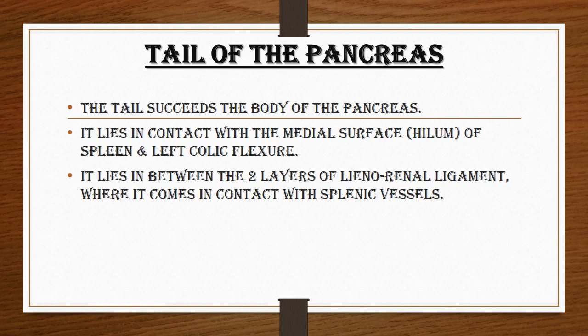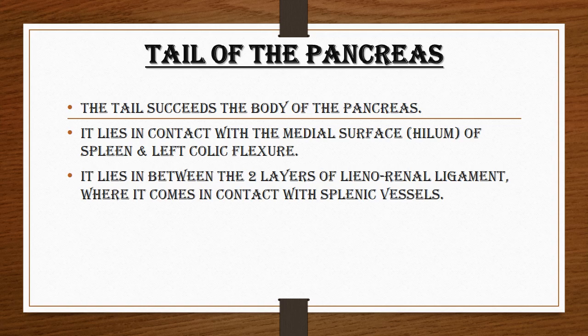The next part is the tail of the pancreas. The tail of the pancreas succeeds the body and is formed by its left extremity, which lies in contact with the medial surface of the spleen or hilum of the spleen, below the gastric impression and above the impression for the left colic flexure.